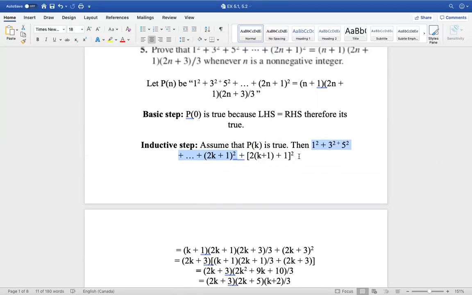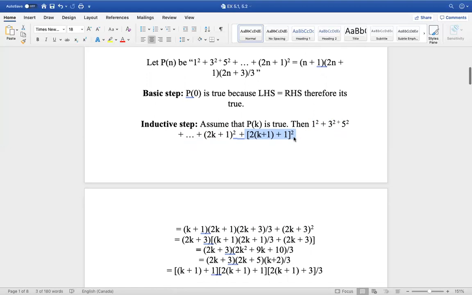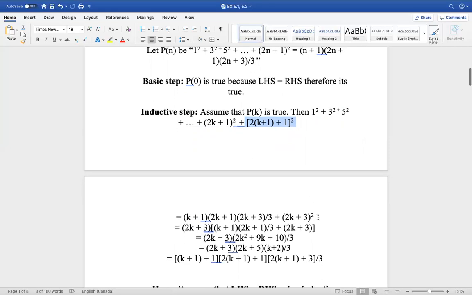And then we figure out what could be the next term in the series, because this is an inductive step. We always think about the next one. So this is going to be the next term in the series. Since we know that this is the next term, we added this on the left hand side, and then we added the same thing on the right hand side to make them both balance. So if we just simplify, this becomes 2k plus 3 squared. Okay, thank you.